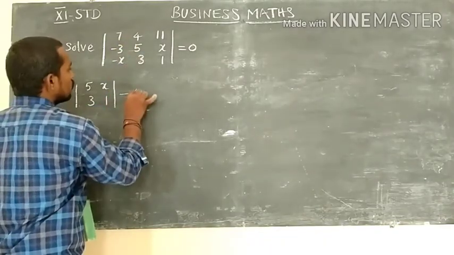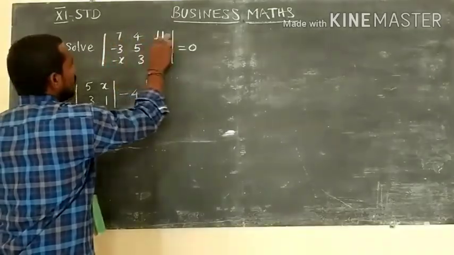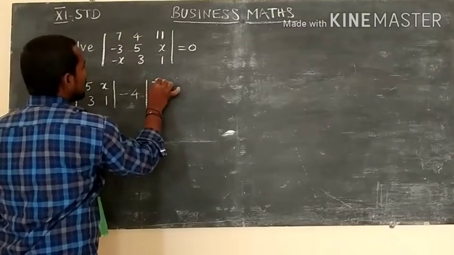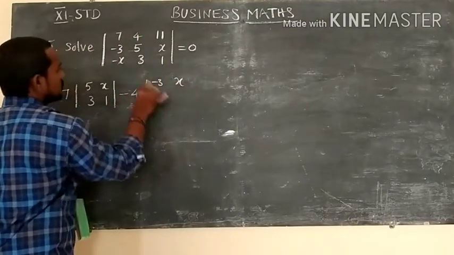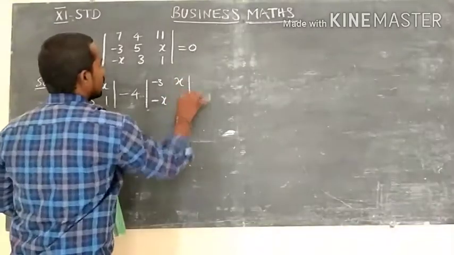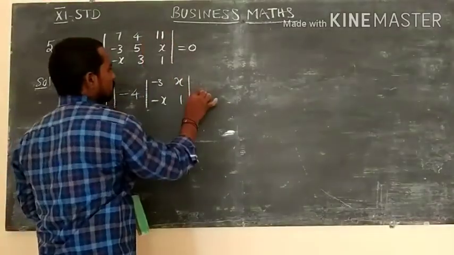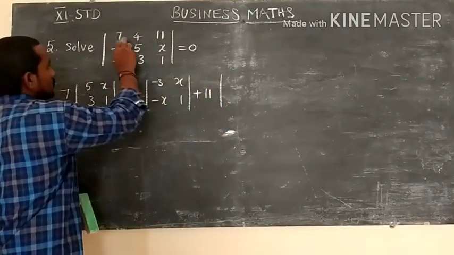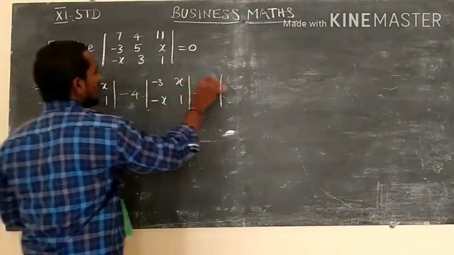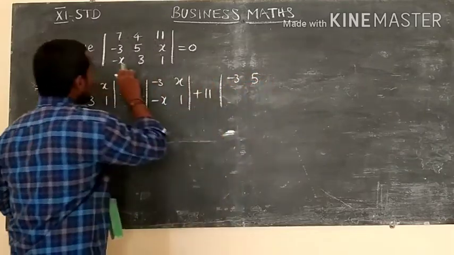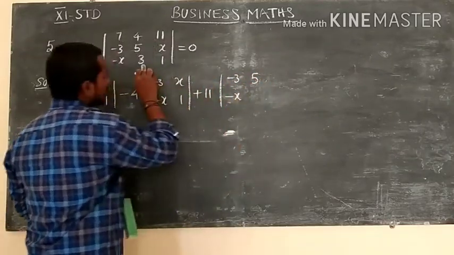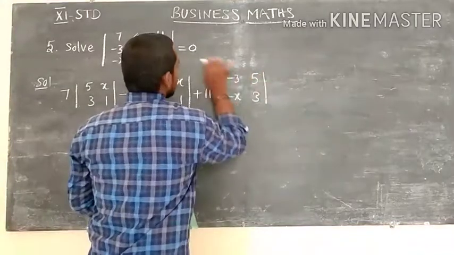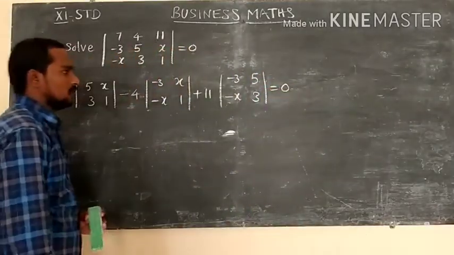Then 4: deleting the corresponding row and column, we get [-3, x; -x, 1], and here the place sign is plus. Then 11: deleting the row and column, we get [-3, 5; -x, 3]. The determinant value equals 0.